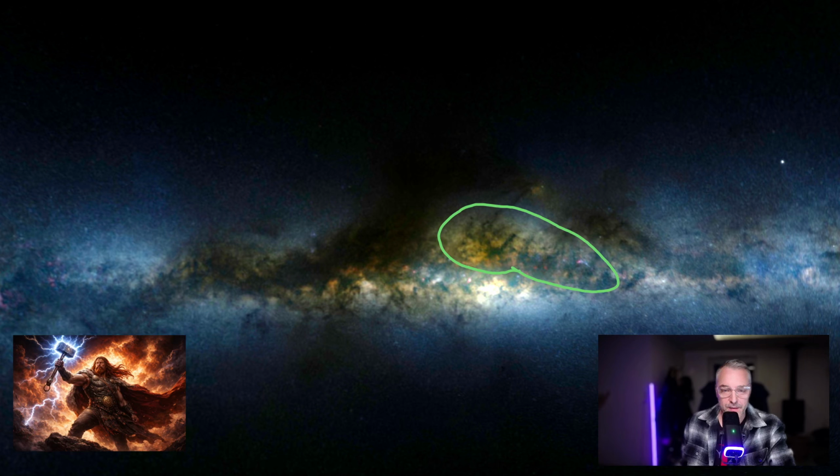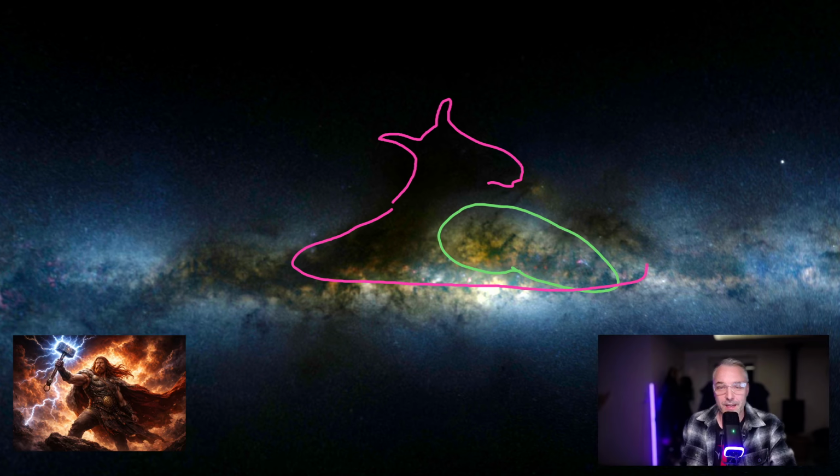And then we got the Midgard worm, whose head is the same head as the ox here, the dragon head. It's not easy to draw, but it's like laying around the earth.